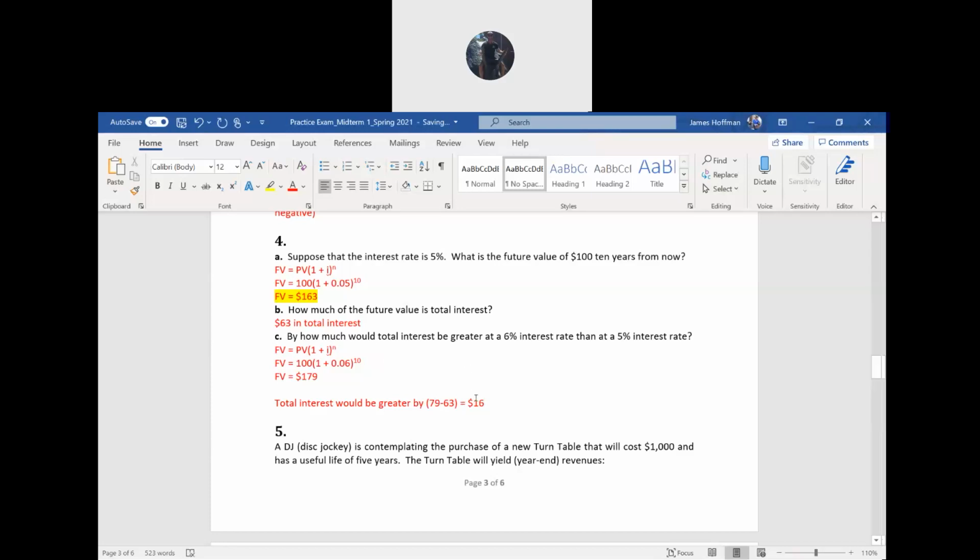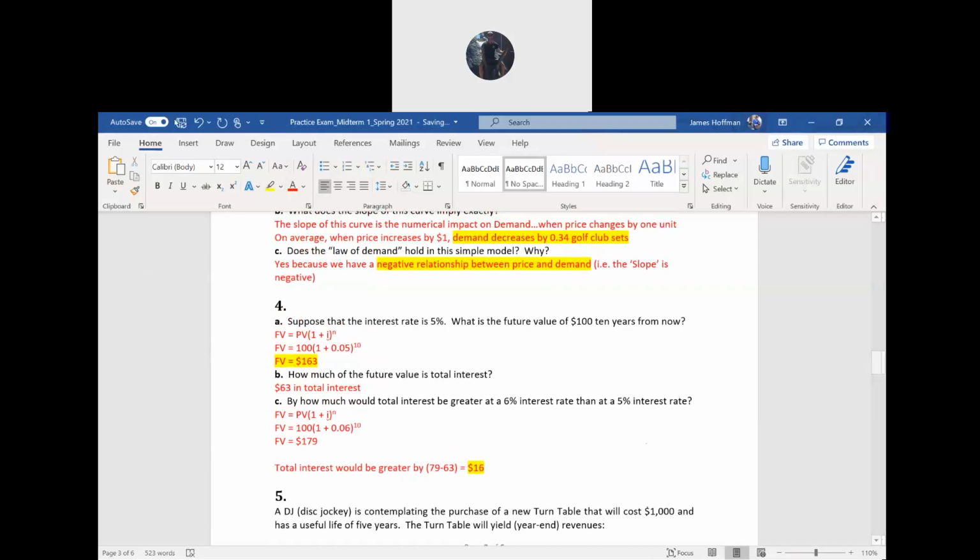All right, so that's about $16. Okay, so there you go. Just understanding the future value formula and putting in interest rates and number of years. Questions on number 4?